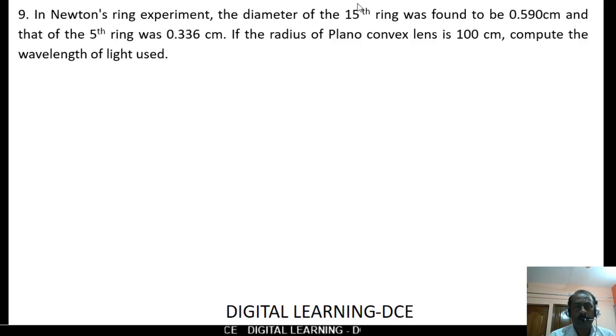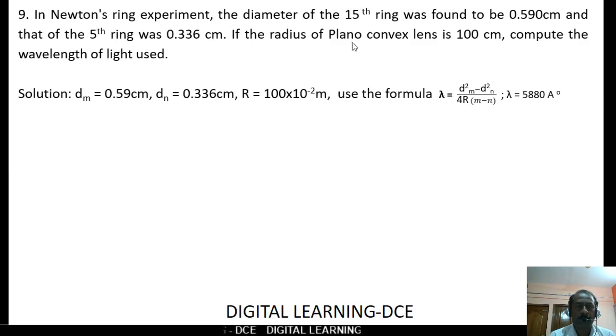Let the diameter of the 15th ring be dm, where m stands for 15, 0.590 centimeter. The diameter of the 5th ring, dn, is 0.336 centimeter. The radius of the plano-convex lens, capital R, is 100 into 10 to the power of minus 2 meter. Use the formula lambda equals d square m minus d square n upon 4R into m minus n.